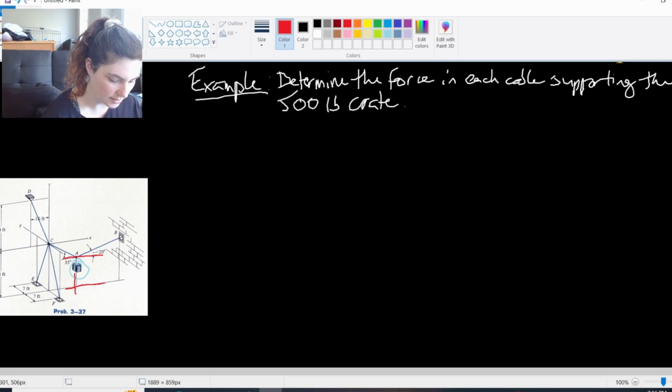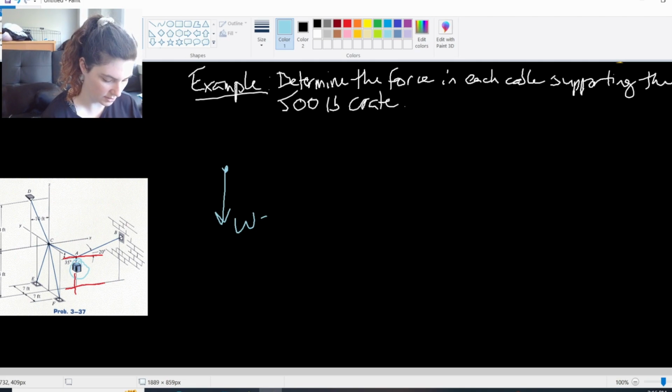So when I draw this free body diagram, I'm going to do this one in blue. I have the weight of the crate, which we knew was 500 pounds. And then I have cable AB, which I'm just going to label as FB in this case.